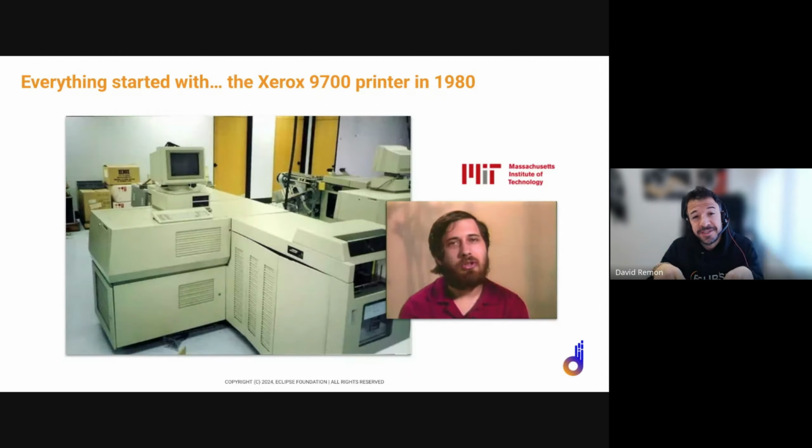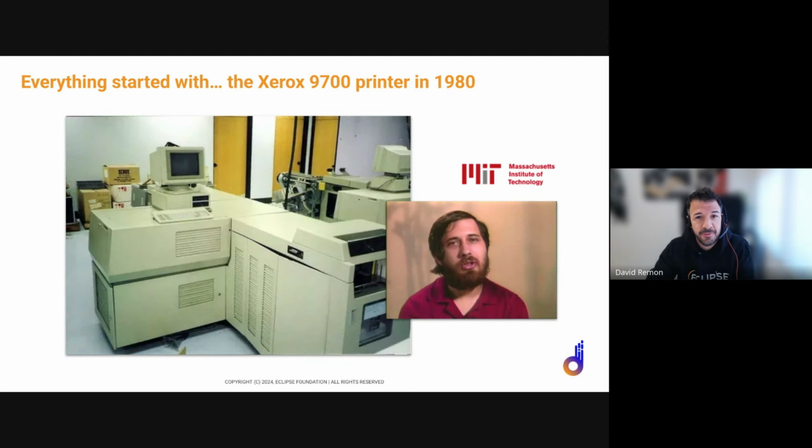When the printer machine was replaced by this new Xerox, they lost those functionalities, and they called Xerox and asked for the source code because they wanted to keep the functionalities they already had in the past. And they told them, no, the source code is not provided. So in that moment, they realized that they had a need for the source code.